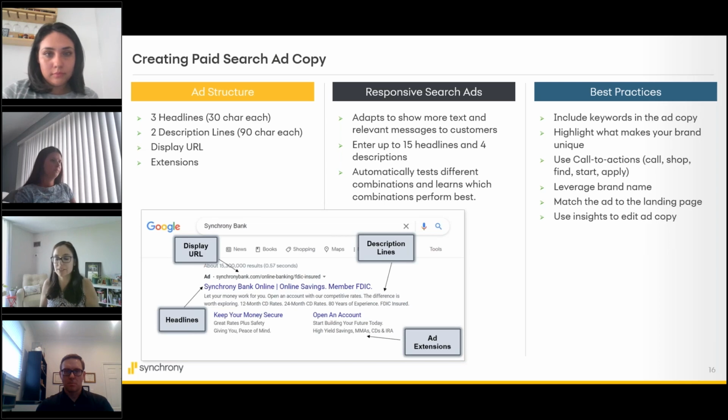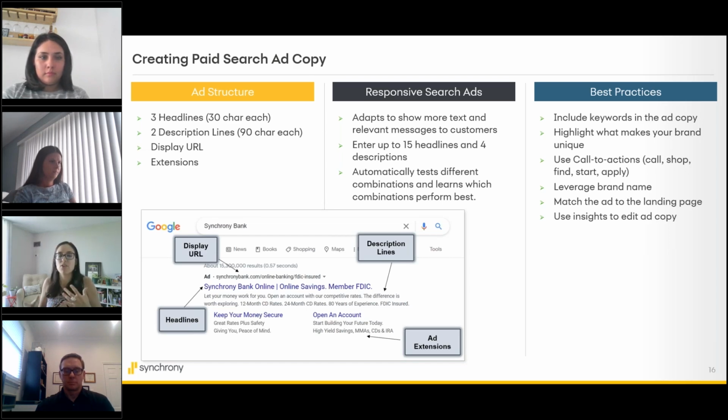You definitely should learn more about us. But you also want to make sure that you include call to actions. These include things like call, shop, find, start, apply. It's essentially how we can say click this ad without actually saying click here, because you can't actually say that. It has been shown in several studies that call to actions are very effective at getting people to click on your ad. So definitely include those.